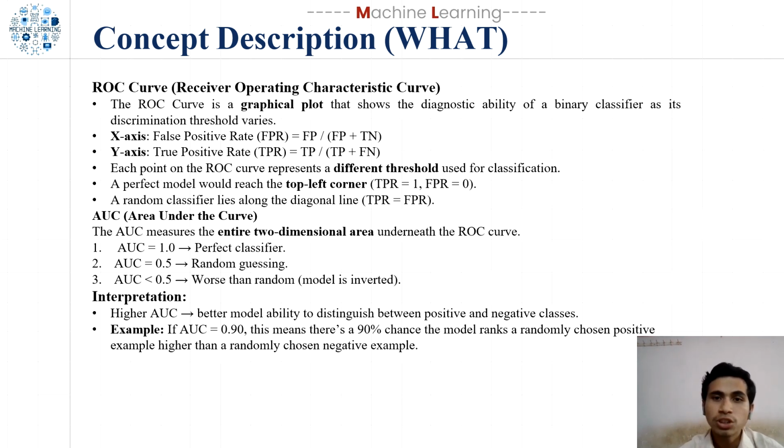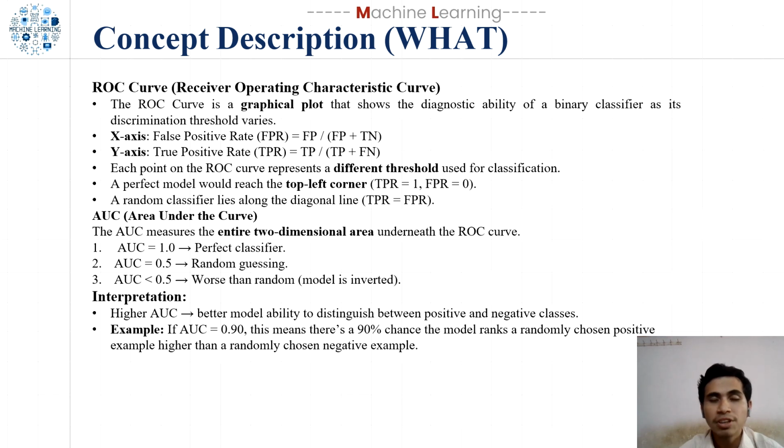Now the AUC, which stands for the area under the curve, is a scalar measure of the ROC curve. If the AUC is 1, it is considered a perfect classifier, and when the AUC is 0.5, it is considered a random guessing classifier.